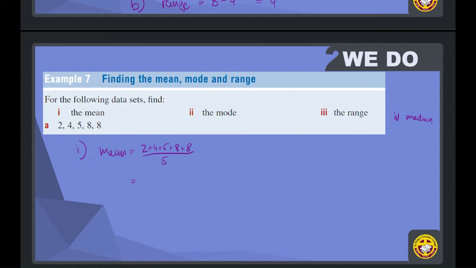But if you didn't write this down in your books, I won't be upset because, let's be honest, it gets annoying writing down all these plus numbers. So I'm not going to make you guys do that. You can just put it straight into your calculator. Which if you do, it should be 27 divided by 5. We get 5.4.